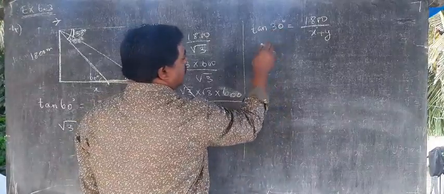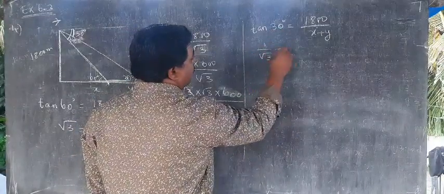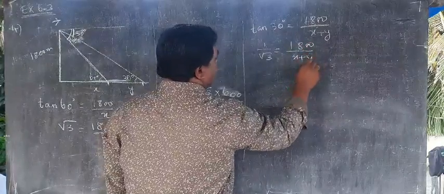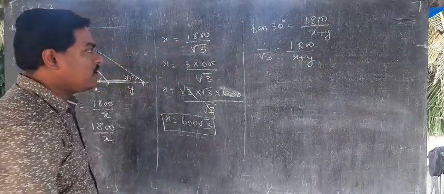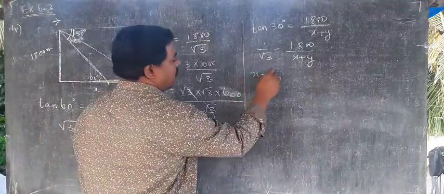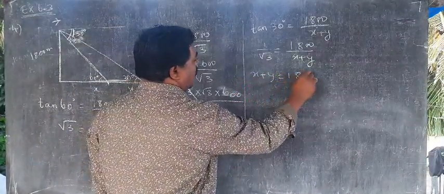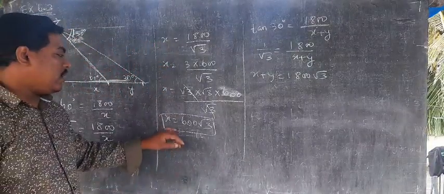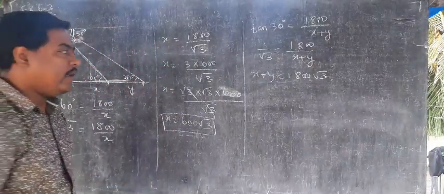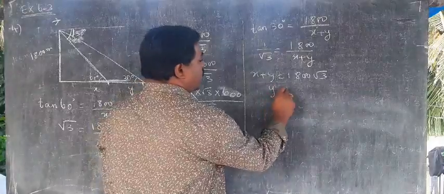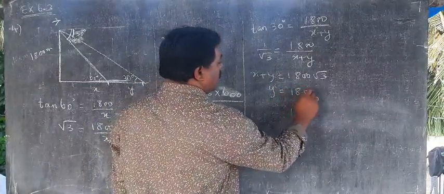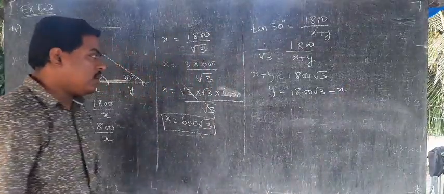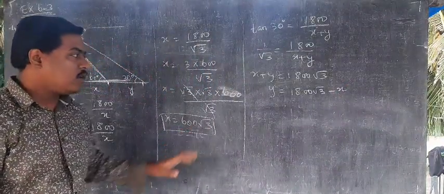Tan 30 means 1 by root 3, equal to 1800 by x plus y. Cross multiply: x plus y equals 1800 root 3. We already found x, so we need to find y. So y equals 1800 root 3 minus x, where x equals 600 root 3.